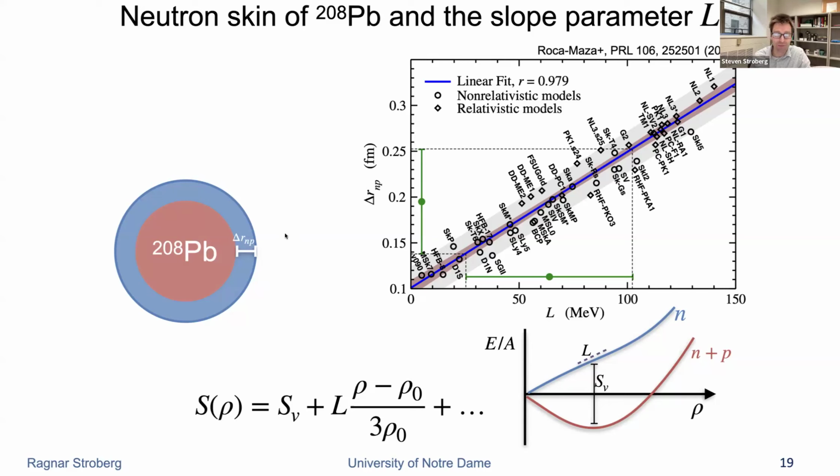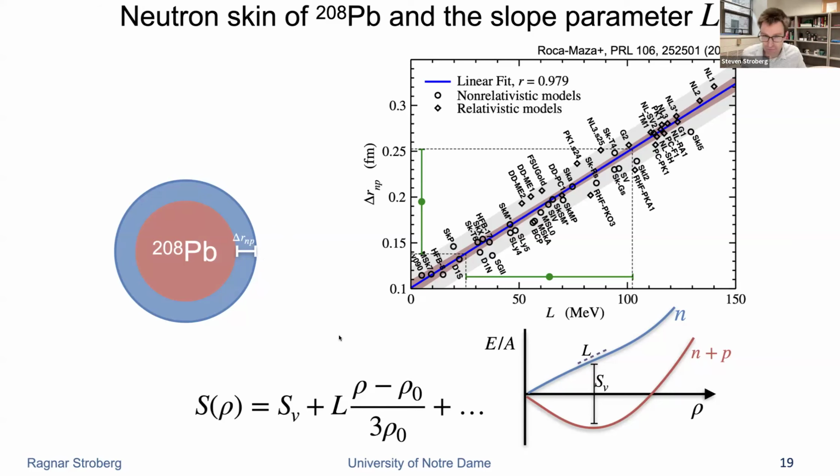So a neutron skin is just the difference in the proton radius and the neutron radius. Lead-208 has 82 protons and 126 neutrons. And so those extra neutrons need to go somewhere and they maybe stick out a little bit.